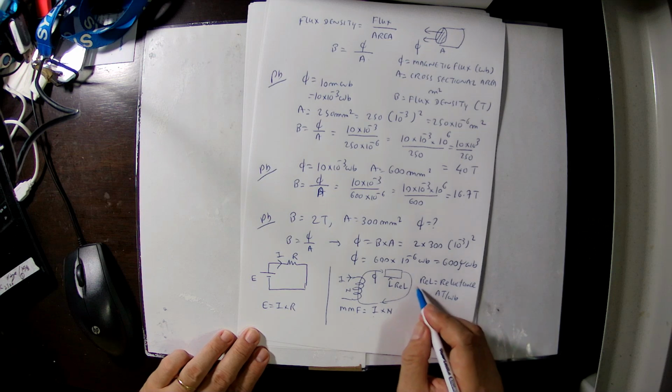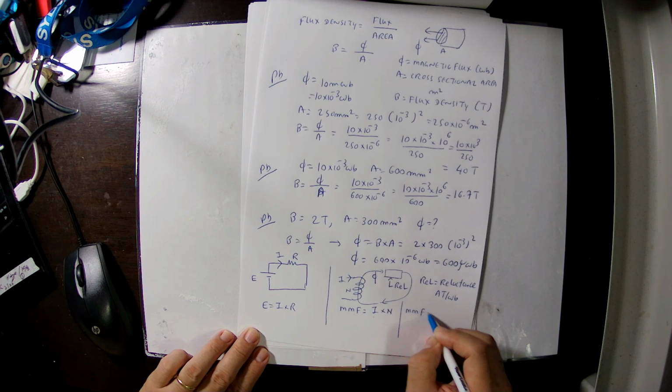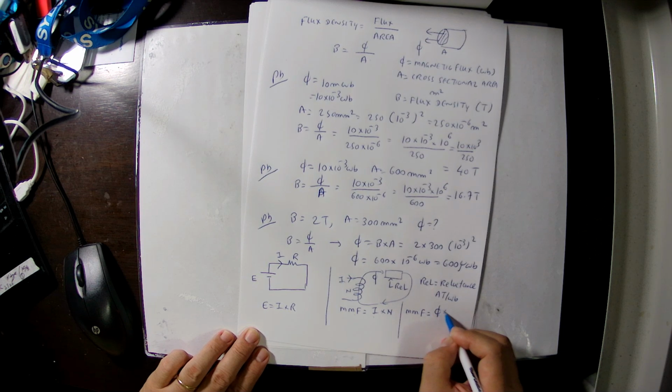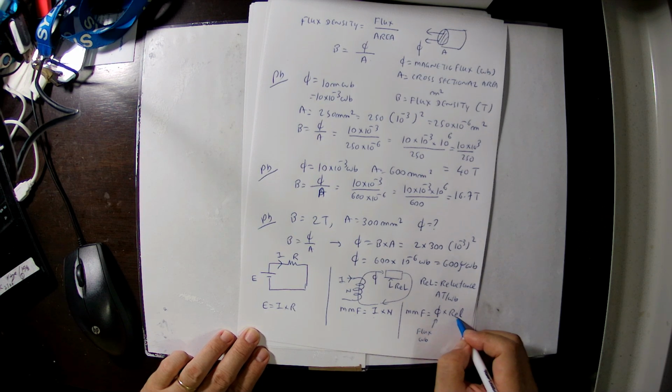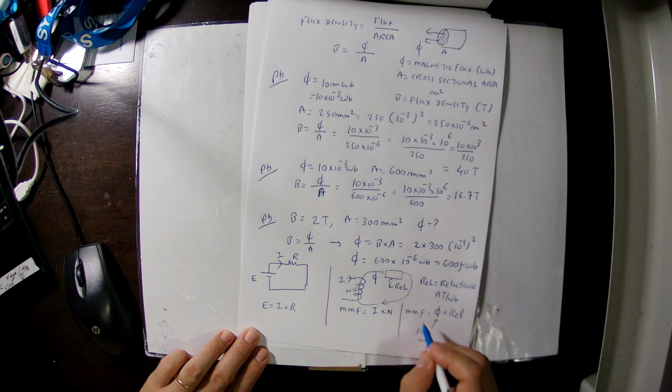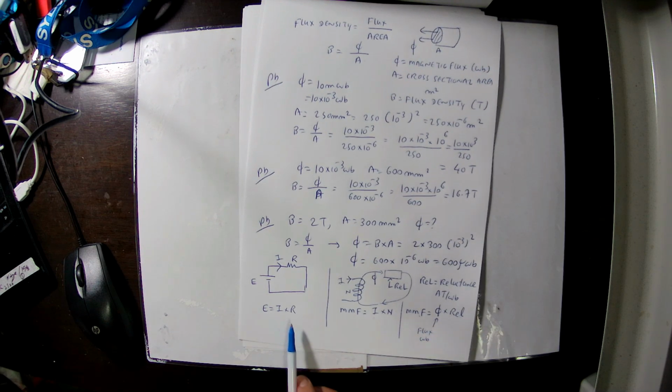So MMF is equal to flux phi multiplied by reluctance. Phi is the flux, unit is Weber. REL is reluctance, and this is MMF. So similar to the voltage source, when the electrical current flows to the resistor, current multiplied by resistance is equal to the supply voltage. Similarly, the magnetomotive force can be calculated.